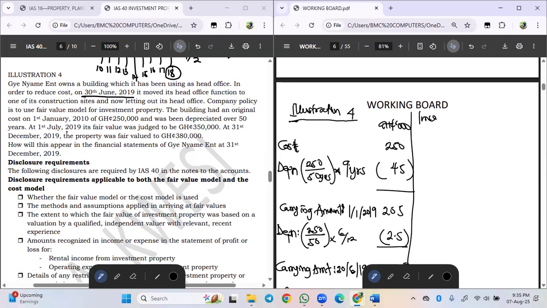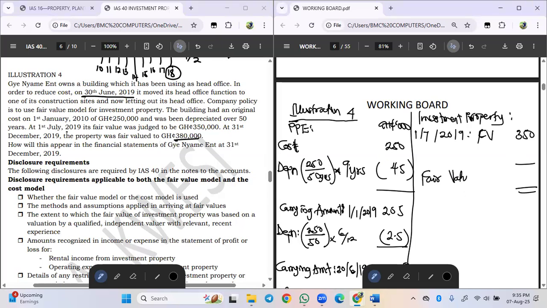It will start from 1st July 2019 with the carrying amount, or fair value, of 350. Now it was fair valued at 380 on 31st December 2019.